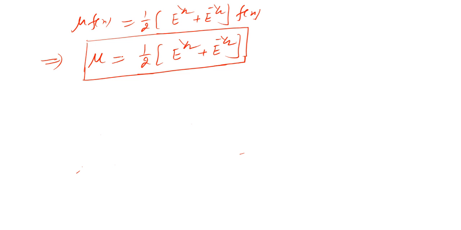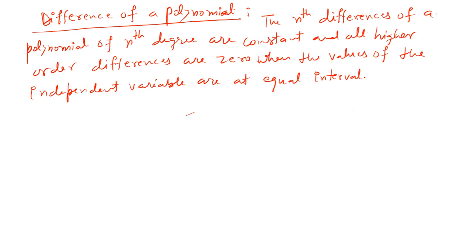Now I am going to explain one most important theorem, which is known as the differences of a polynomial. The nth differences of a polynomial of nth degree are constant, and all higher order differences are 0, when the values of the independent variable are at equal intervals.